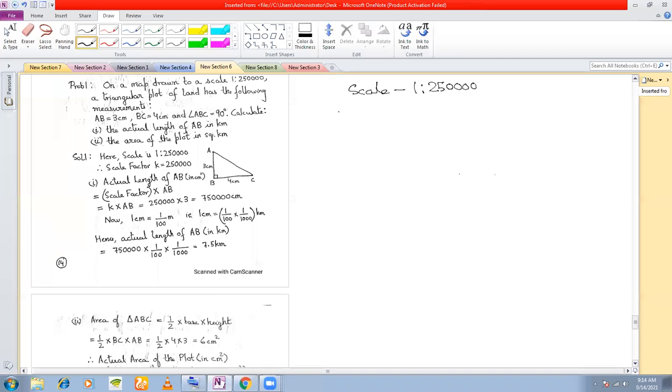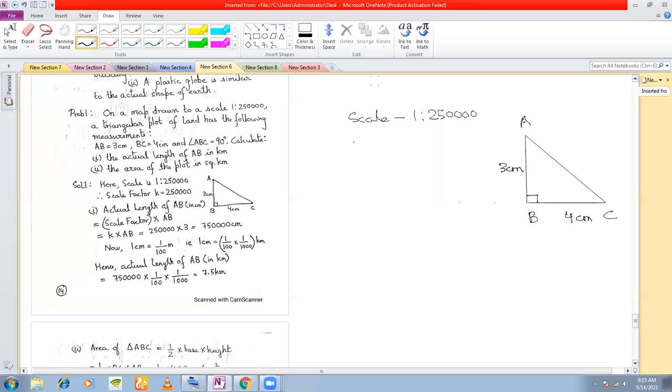So you have a triangular plot of land. This triangular plot in the model has the following measurements. AB is given as 3 centimeter, BC is given to be 4 centimeter, and angle ABC is given to be 90 degrees. Calculate the actual length of AB in kilometers.